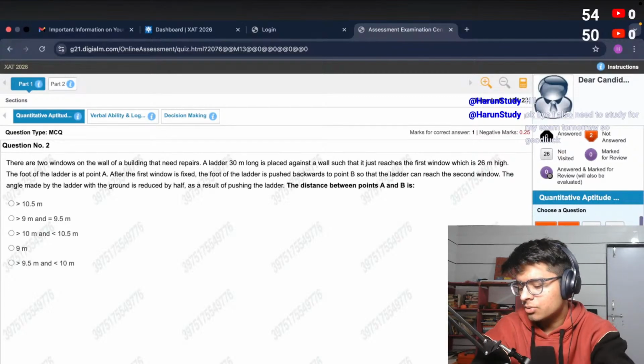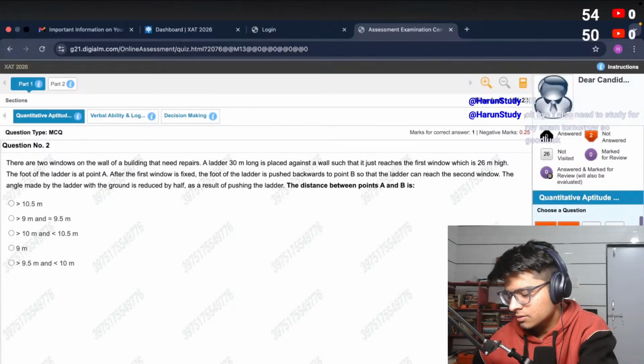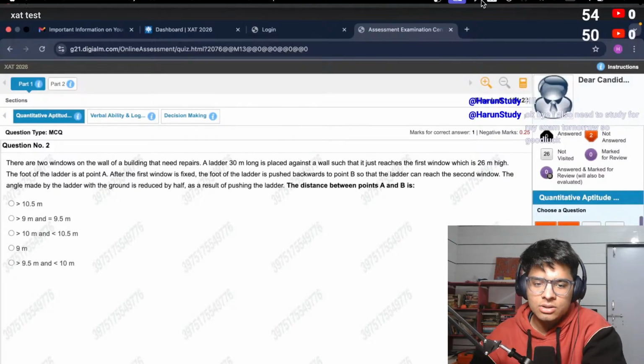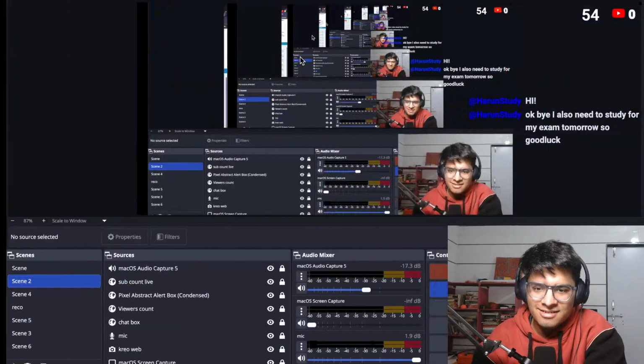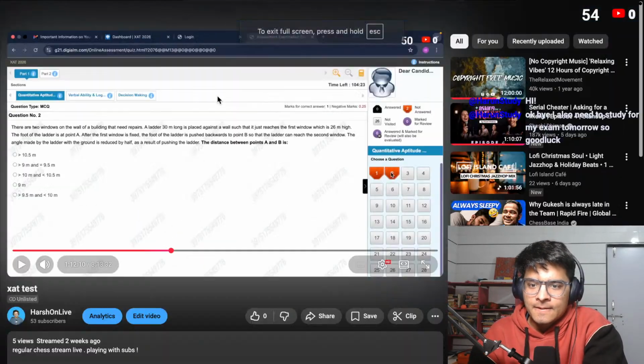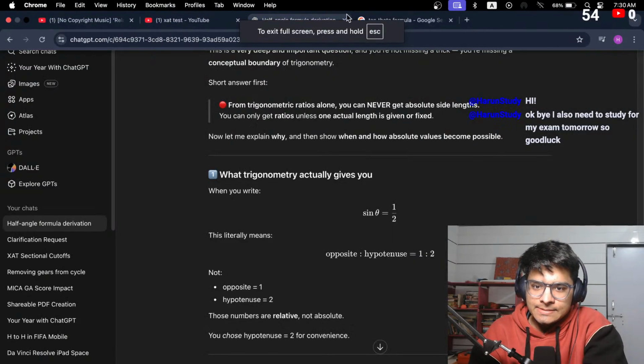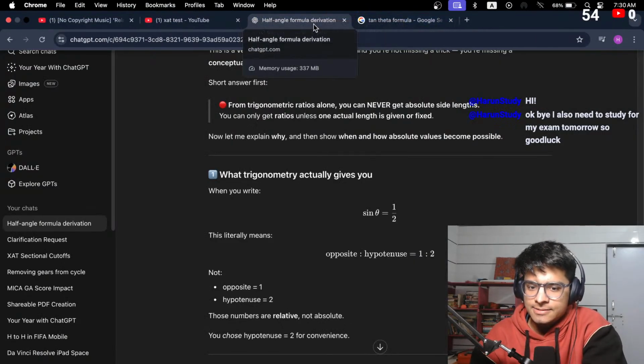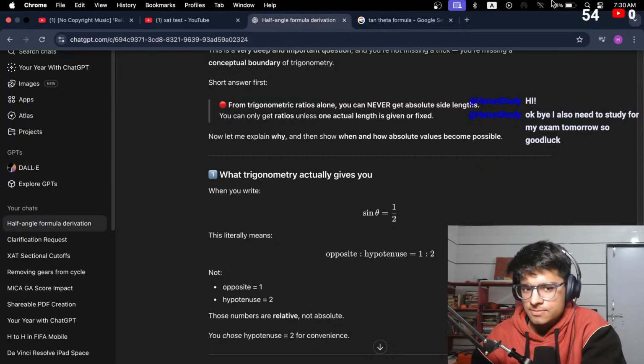This is 30 meter only. Ladder's length cannot change. I had to find this out earlier. Now I think we can find it. Ladder's length is always fixed.